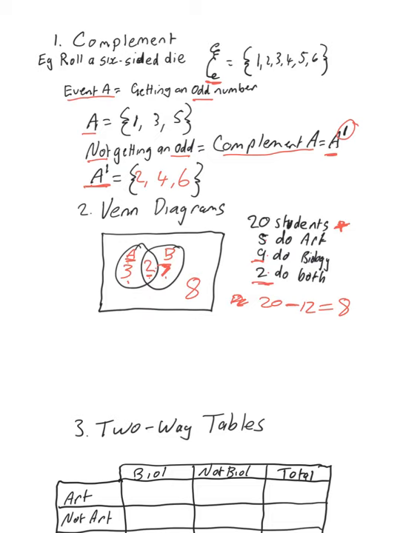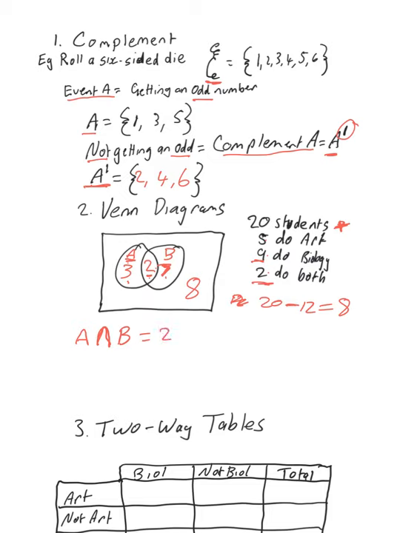Now let's use some symbolism with the complement, and also with the idea of intersections, or and. We can say that event A, art, and B, biology, equals 2 people.